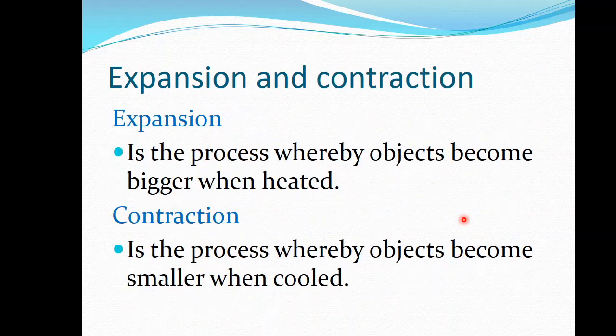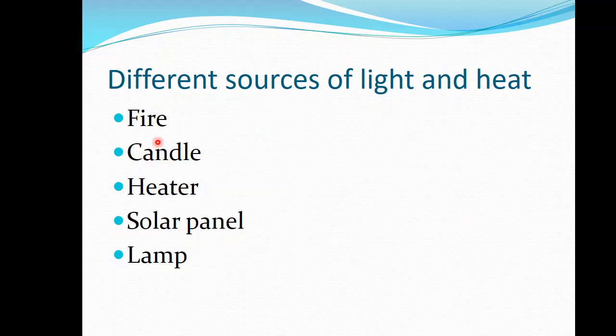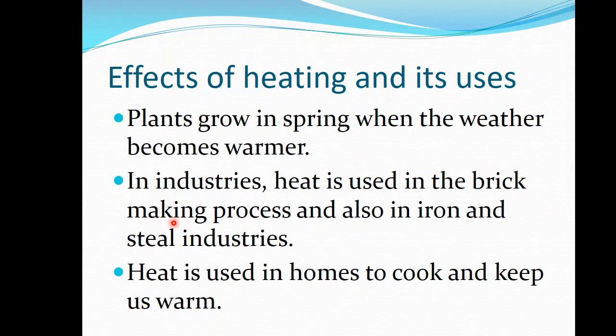So it's a very short lesson for today, whereby we just talked about other sources of heat and light other than the sun, and we named a few: fire, candle, heater, solar panel, and lamps. Then we also talked about the effects of heating and its uses. What do people use heating for?